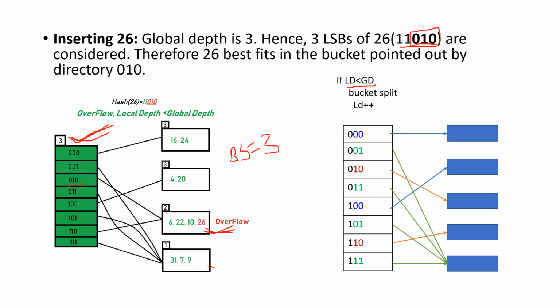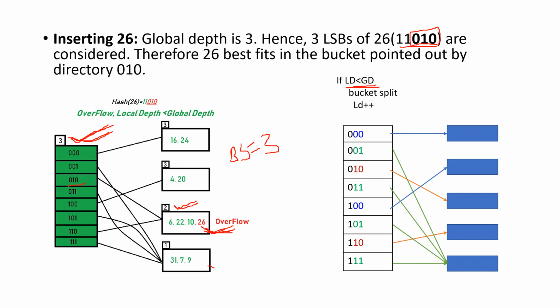I have already said that we look at the local depth of the overflowed bucket; I am not looking at the other one, the overflow occurred in this bucket. So what is the local depth of this bucket, and the global depth? If the local depth is less than the global depth, then what will you do?